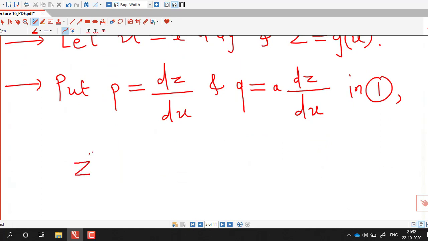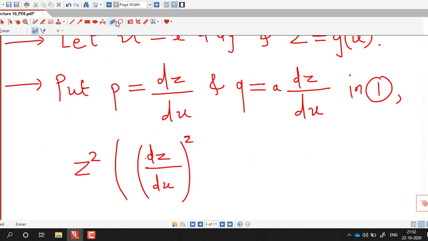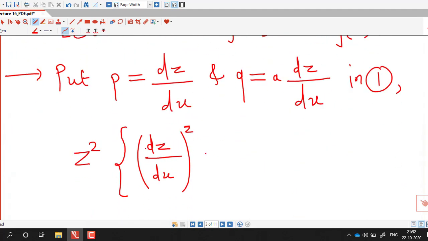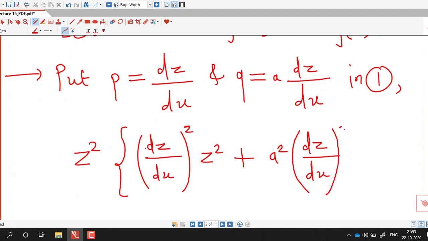So 1 becomes: we have z square, it is p square into z square plus q square. P square means square of dz by du. Let me change this bracket, instead of this I write a curly bracket. Q square means a square times square of dz by du, that is a square times dz by du whole square, equal to 1.